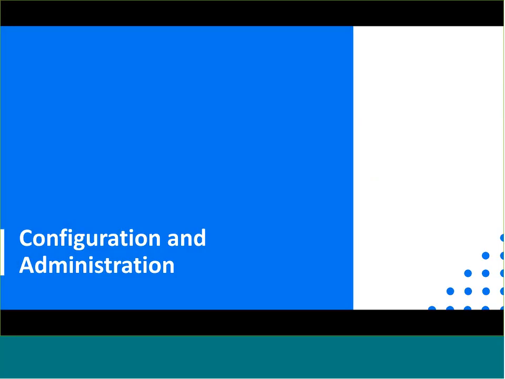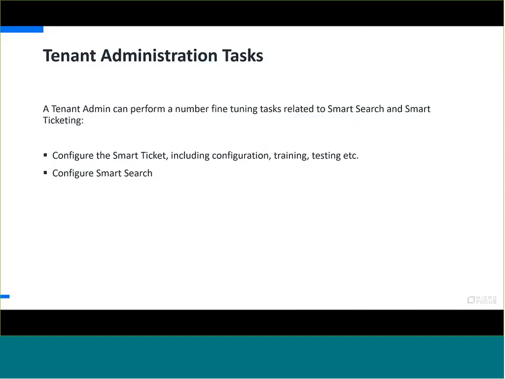And speaking of that, I do want to talk about some other configuration and administration things that are key to know related to a few of the areas of technology that we've talked about. And there's configuration settings in a number of different areas in the product that may be relevant to some of these search or smart ticketing or machine learning type of features.